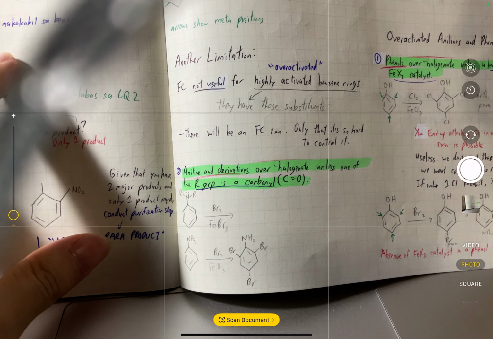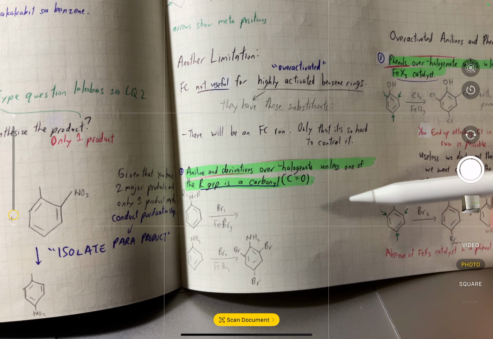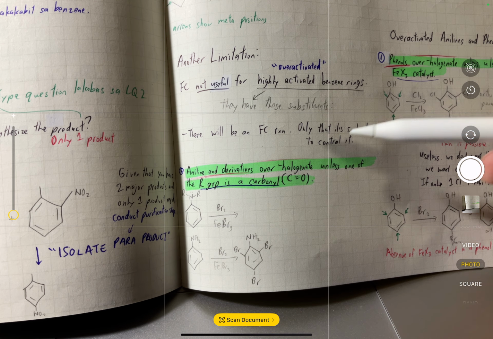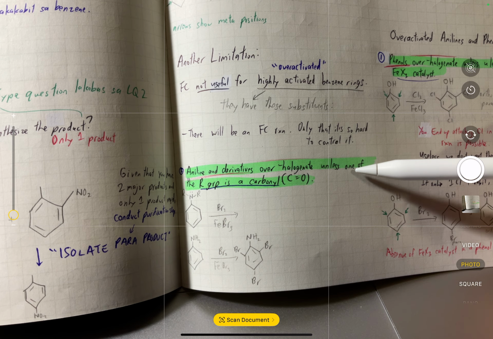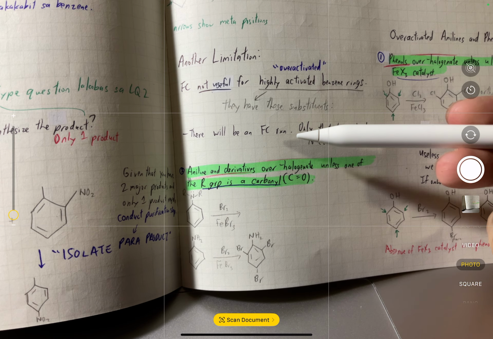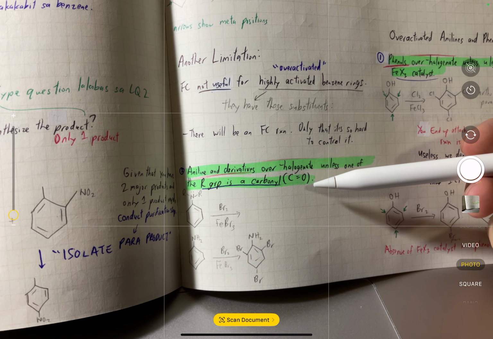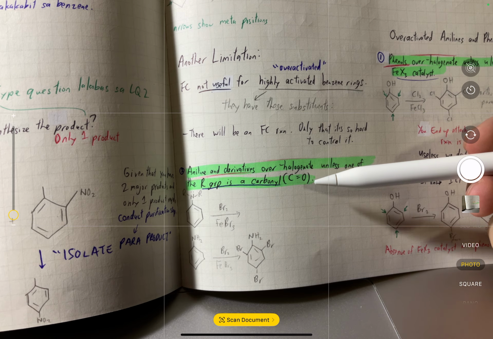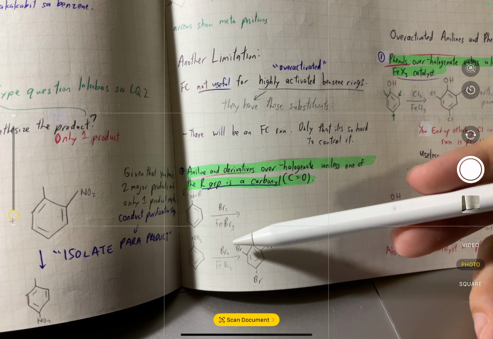How about this? Aniline and derivatives overhalogenate unless one of the R groups is a carbonyl. That condition is very specific.